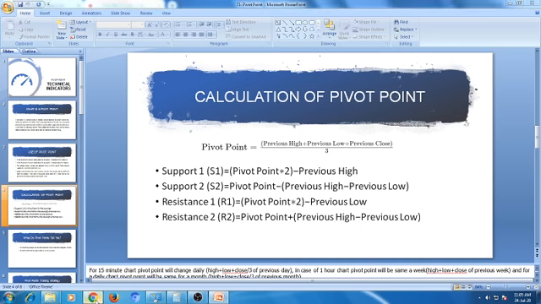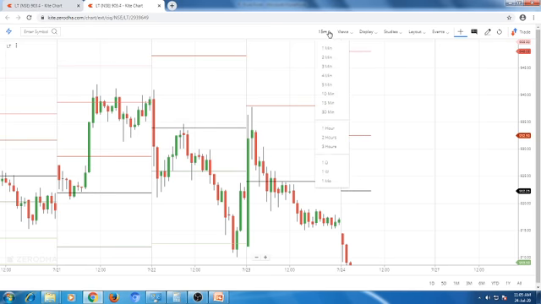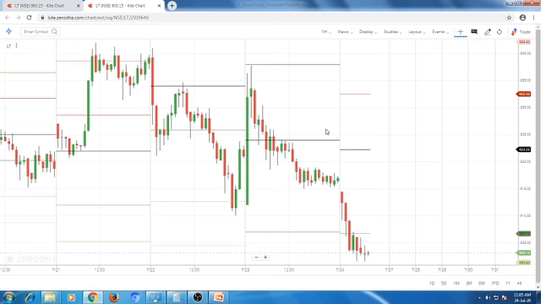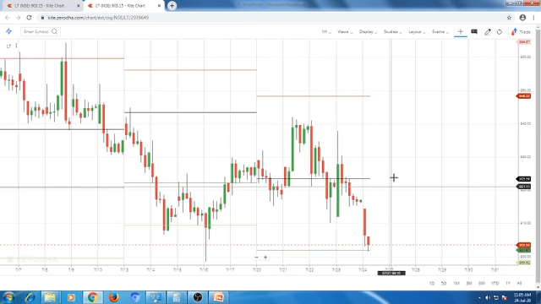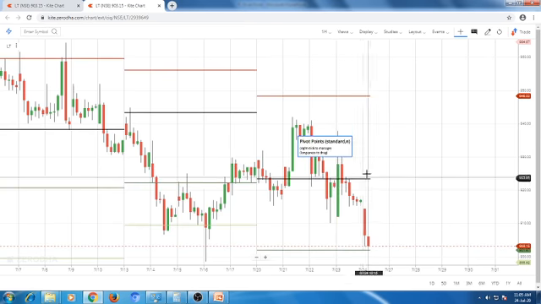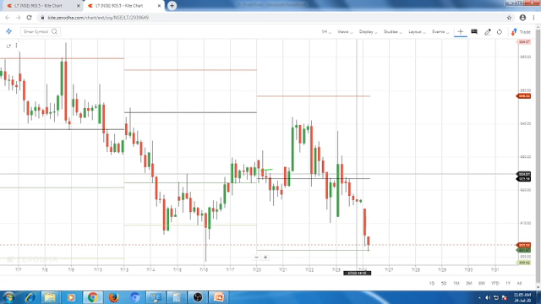But one thing you have to remember is that if I increase the time frame from 15 minutes to a larger time frame, say 1 hour, then the pivot point will be static for a period of 1 week. You can see here the pivot point is static for a period of 1 week.